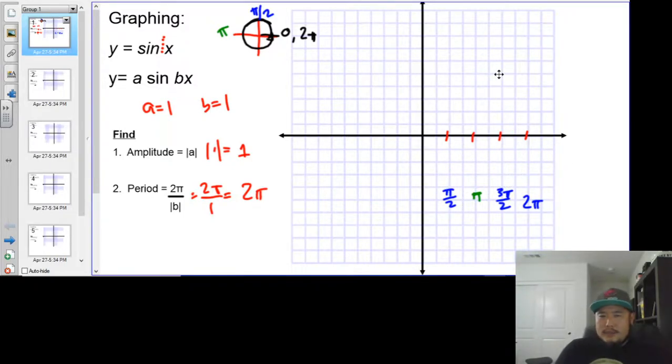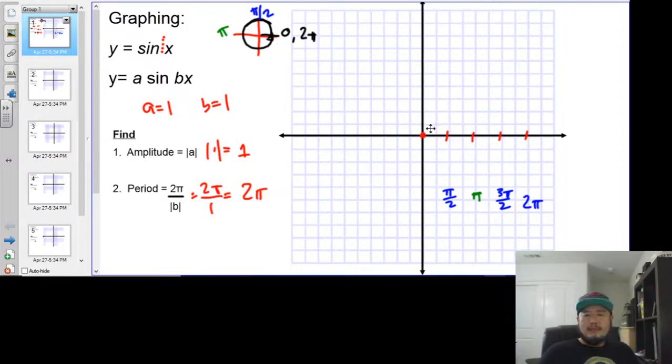Now, when it comes to the parent function of our sine curve, unless it's being shifted left or right, it always starts right here at the origin. So the first part right here is at the origin, so there's my first point. Next up, how high is it going to go?